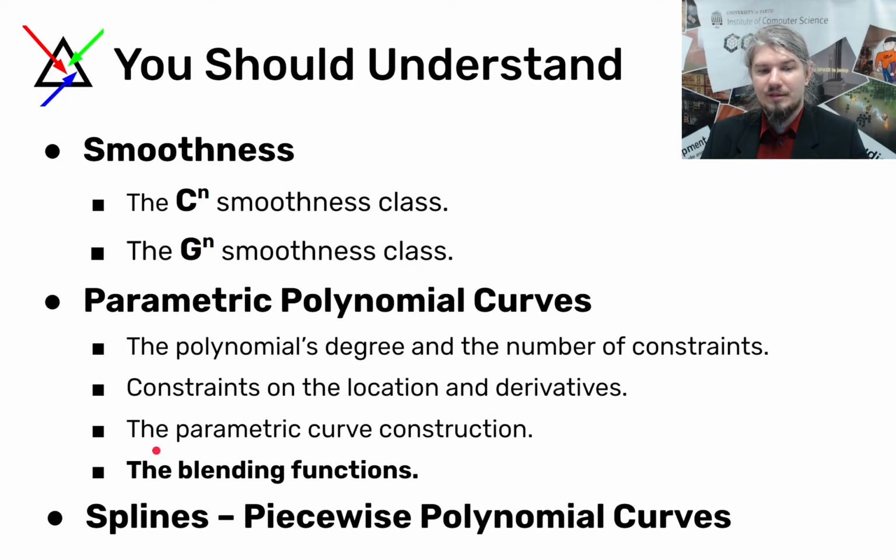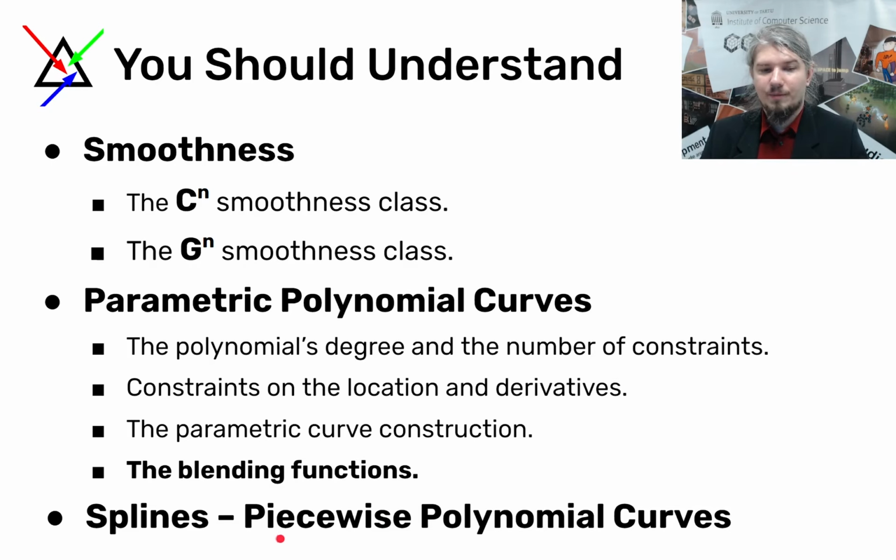We learned about this parametric curve construction: a few easy steps, where you start by setting the constraints and then end up finding the blending functions for any kind of curve and any constraints you want. And then we learned about these blending functions. Our polynomial curve will actually be a blend of the control points, and these blending functions behave specifically according to the constraints you set, to satisfy these constraints and blend between these control points.